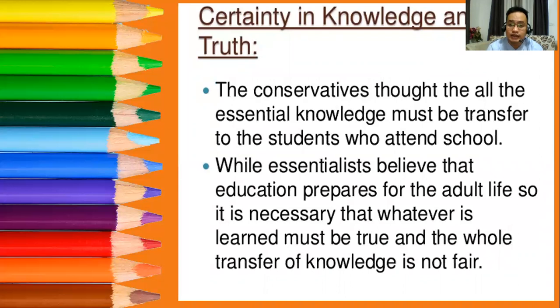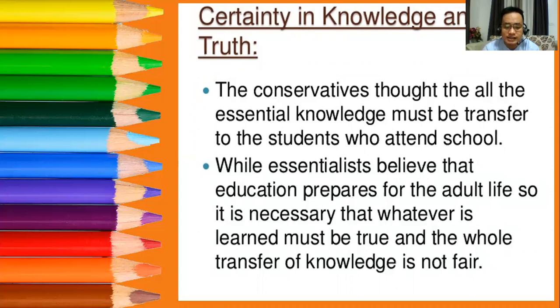Certainty in knowledge and truth. The conservatives thought that all the essential knowledge must be transferred to the students who attend school, while essentialists believe that education prepares for adult life, so it is necessary that whatever is learned must be true, and the whole transfer of knowledge is not fair.